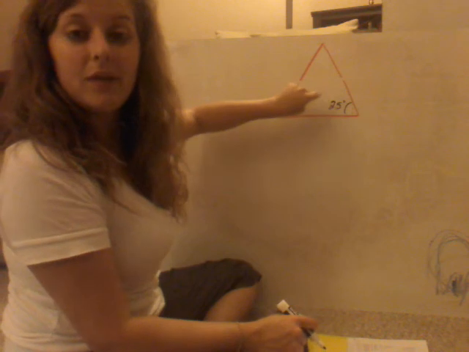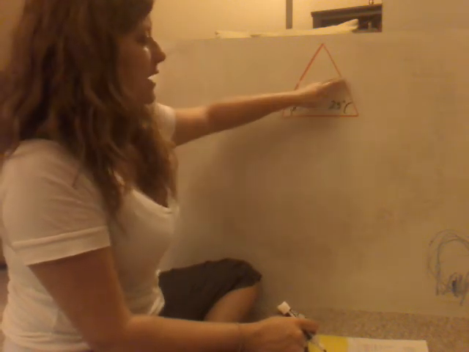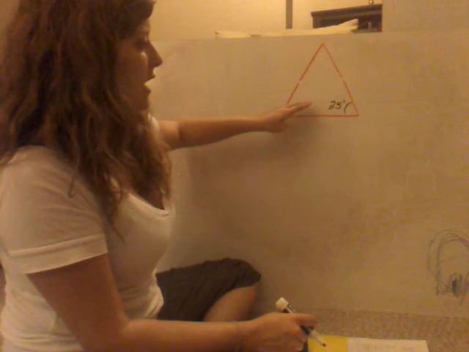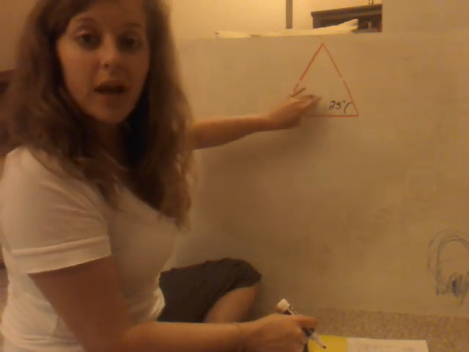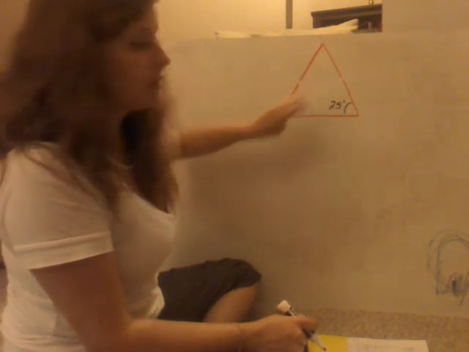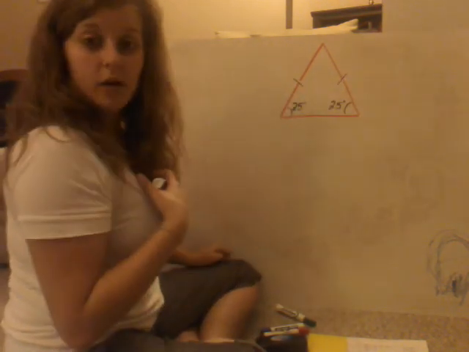That does not mean that this side is equal to 25. It just means that it's proportional to that angle, and these both are the same angle. So they're congruent angles and congruent sides. So I can put in my own little dash mark, just so I know.